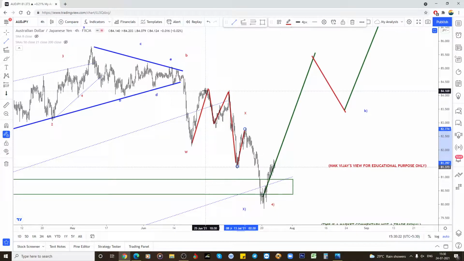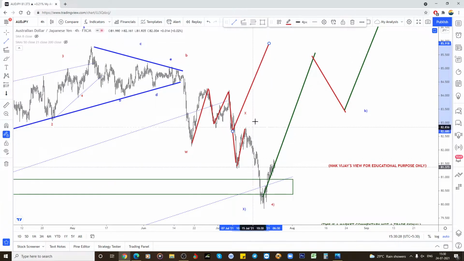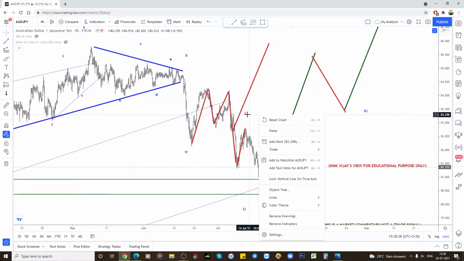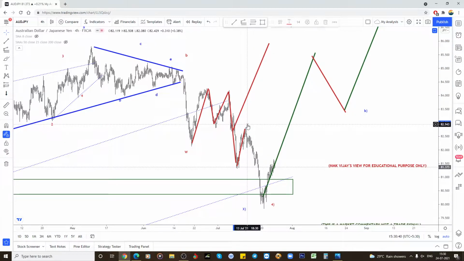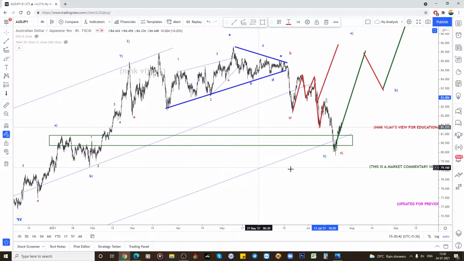So this is the A. Expecting this previous structure, I did the same thing in CAD JPY. I am expecting this. So what it did, it broke the low, took all the stop losses, and again it did the same thing. So now this is the X. So ABC is finished, so Y is finished.